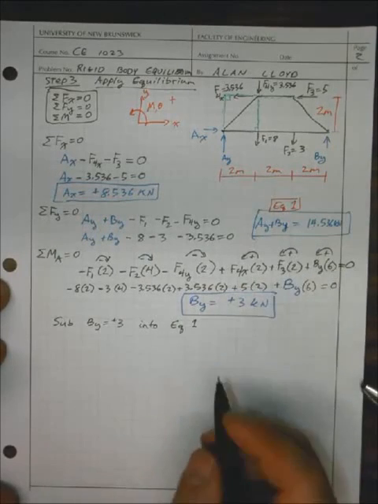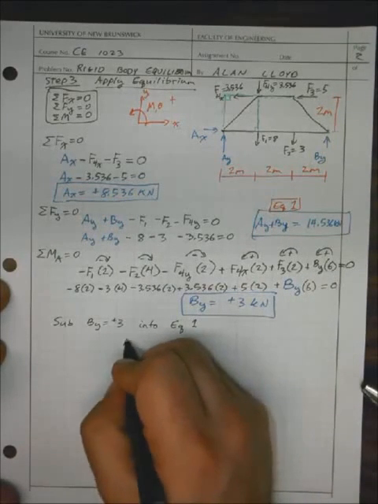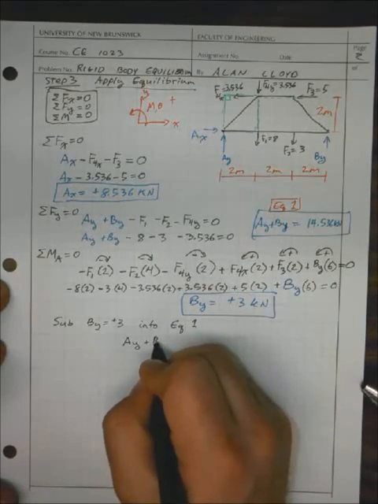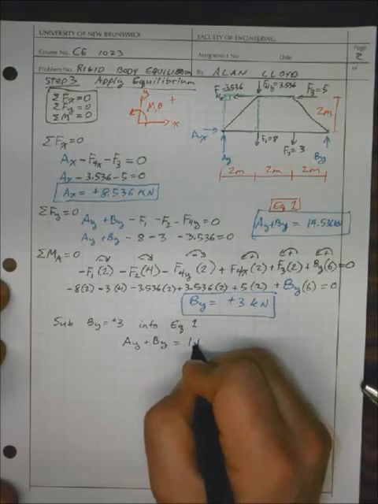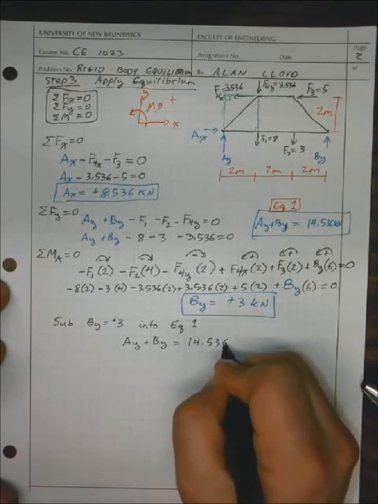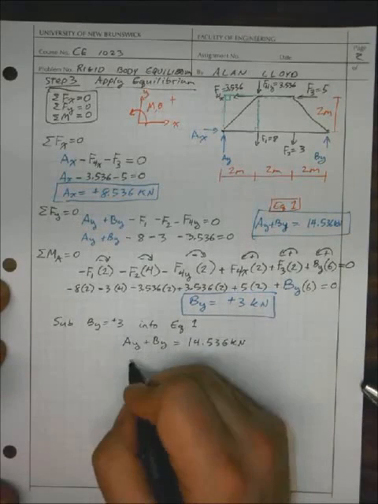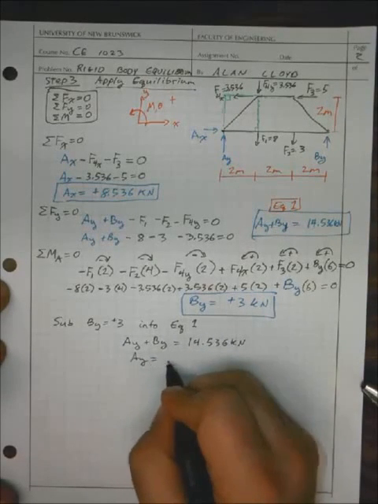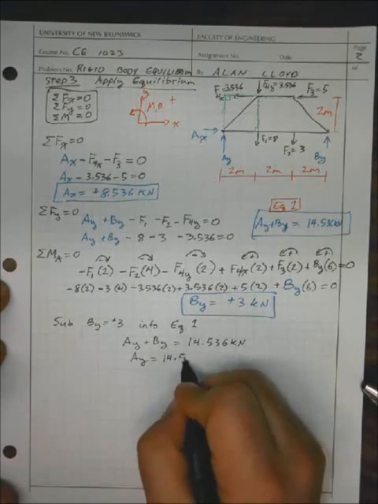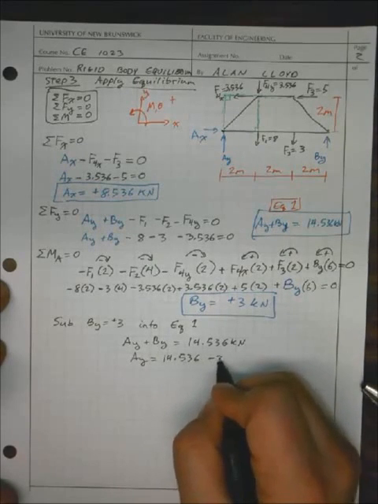We've gotten to this point already, so let's rewrite equation 1 as Ay plus By is equal to 14.536 kilonewtons. And now we can say Ay is equal to 14.536 minus 3.